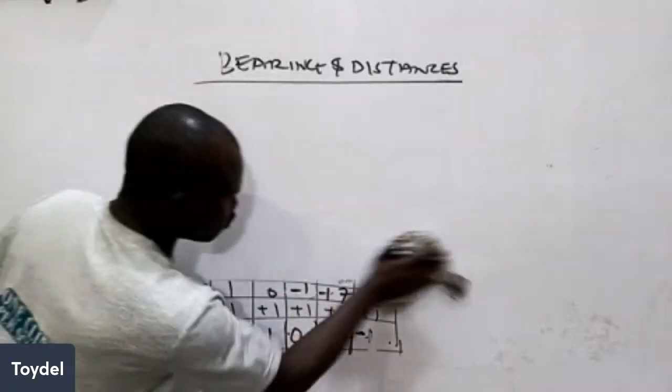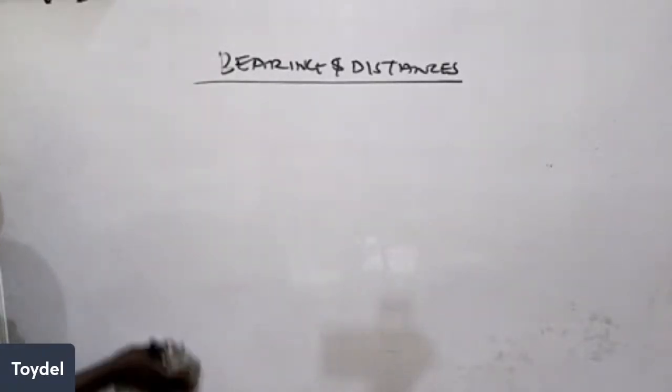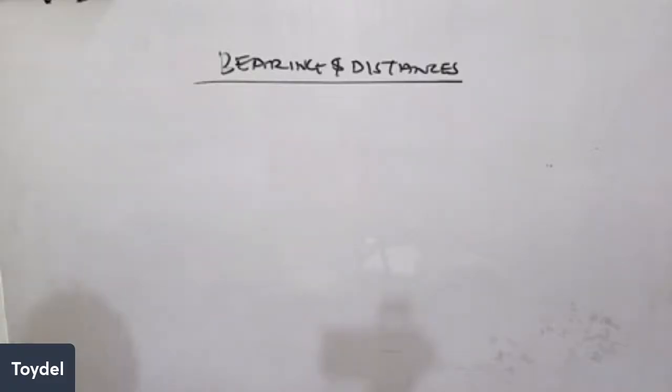Without the table, you cannot solve any problem on that graph. Table is very important for us to be able to solve questions on that graph.